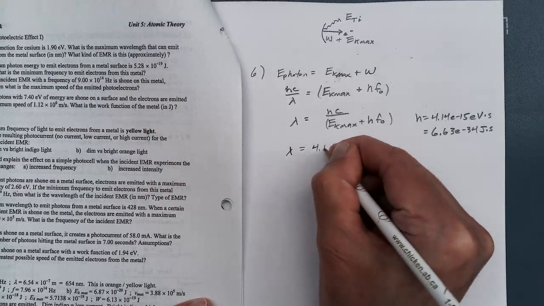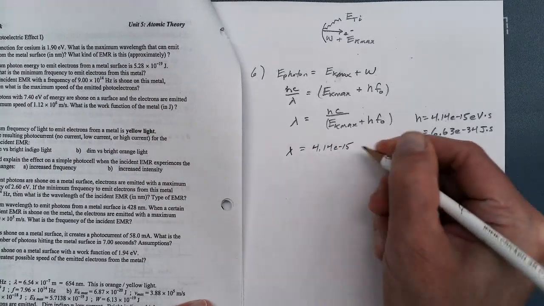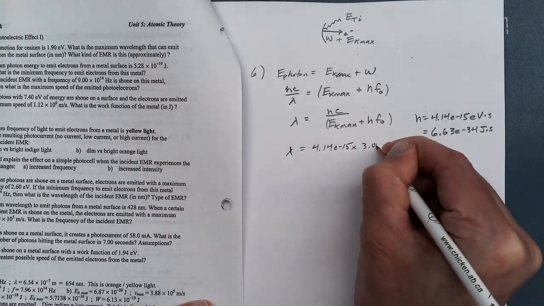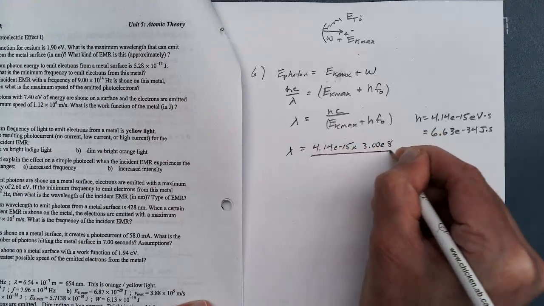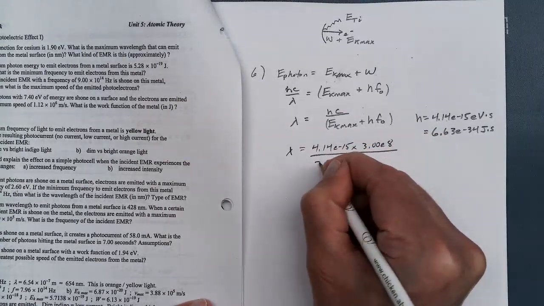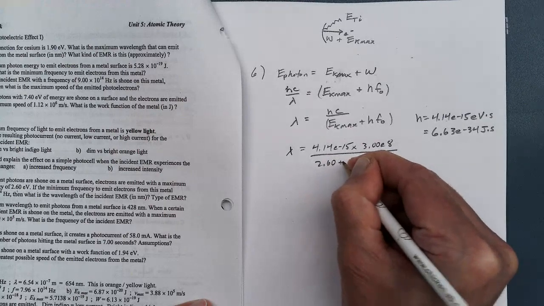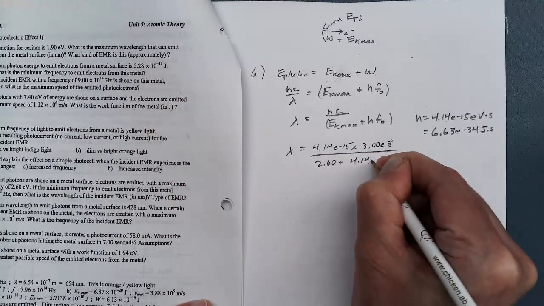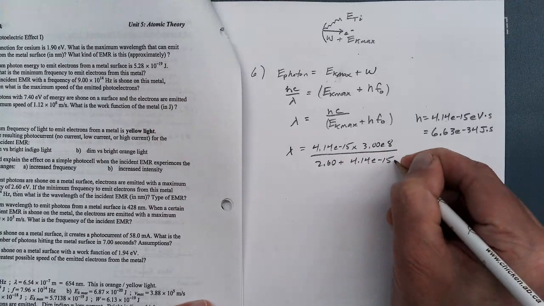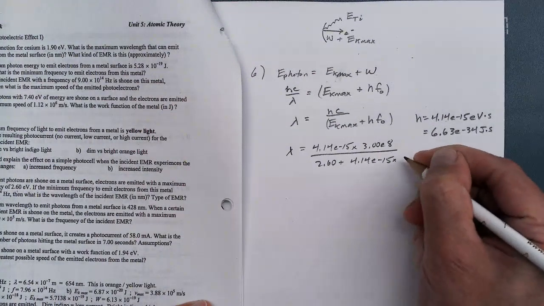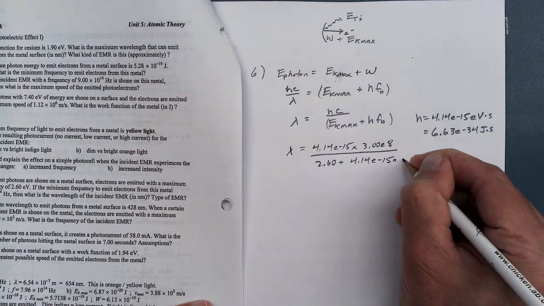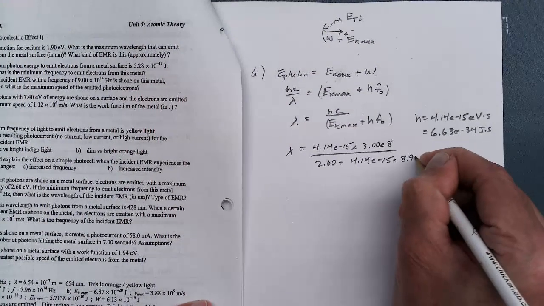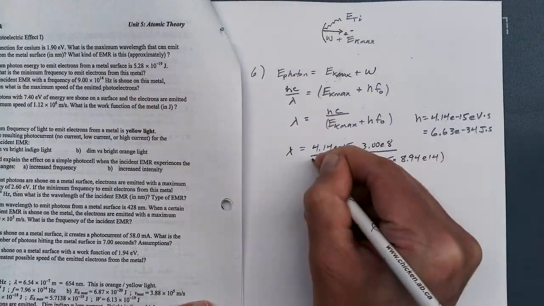So you have 4.14 e negative 15 times 3 e8 divided by Ek max, which is 2.60, plus 4.14 e negative 15 multiplied by the 8.94 e14.